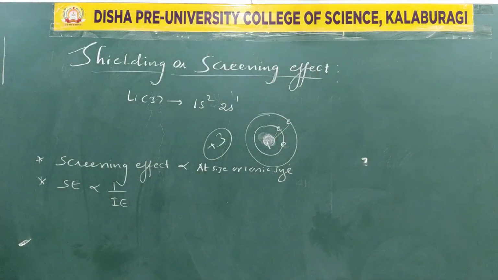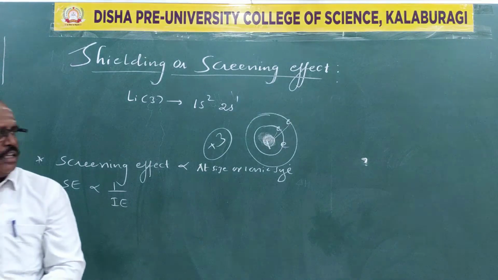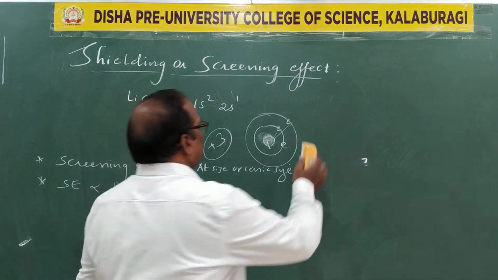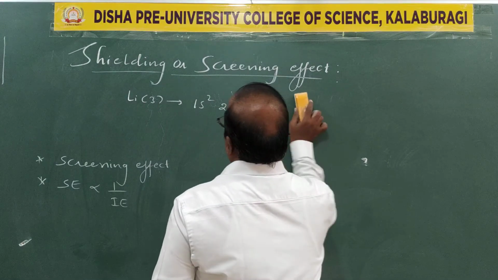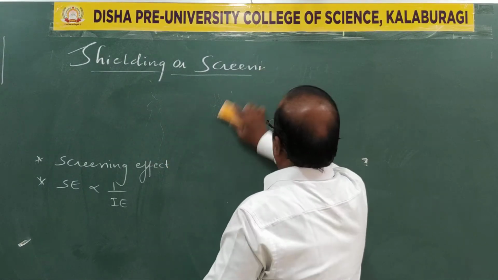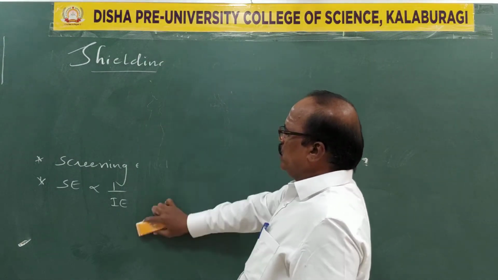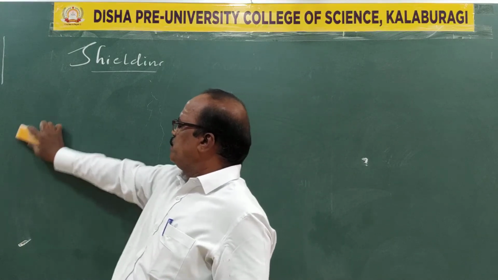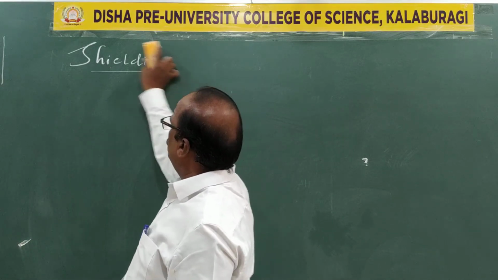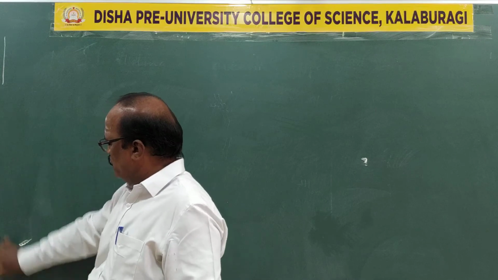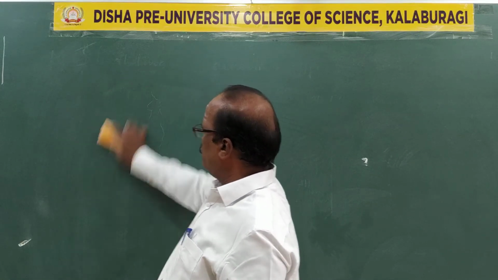Next we take up electron gain enthalpy. So today we discussed the definition of ionization energy, its unit kilojoule per mole, its variation in the group and along the period, and the factors affecting ionization energy.